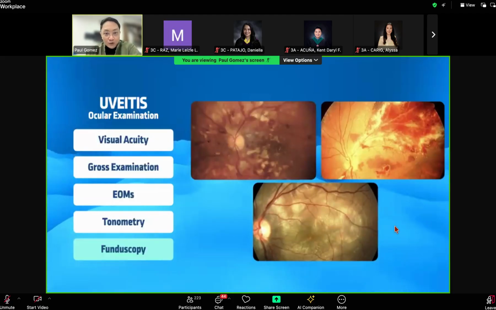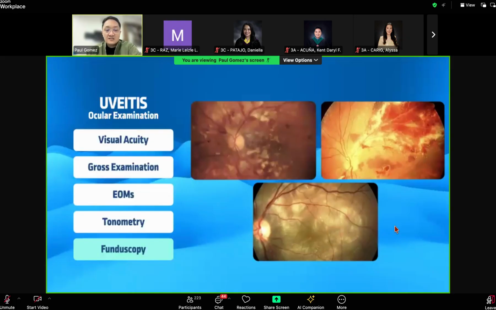The top right picture shows a brush fire-like appearance or a bleeding in the retina, termed as vasculitis. And the bottom photo shows an exudative type of retinal detachment that may be present in certain uveitic diseases. And if left untreated, all of these lesions in the retina may eventually form retinal scar.